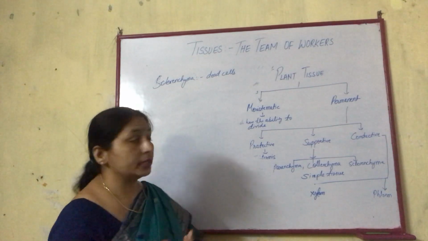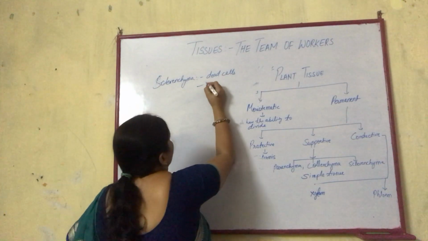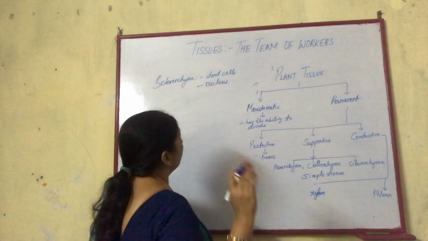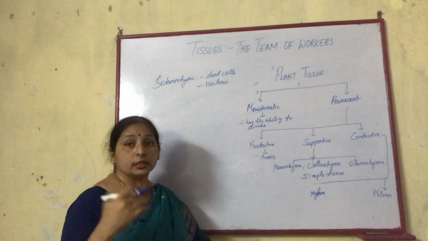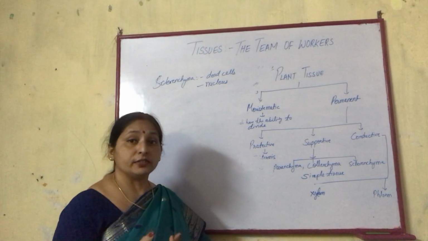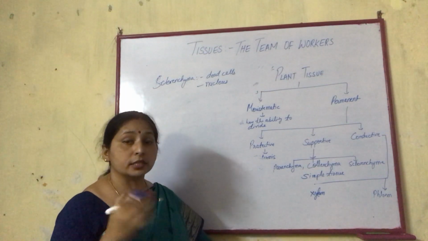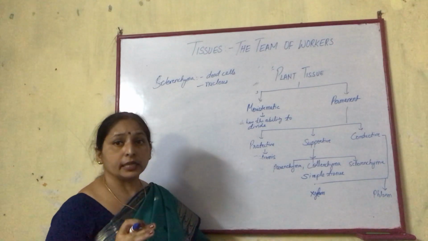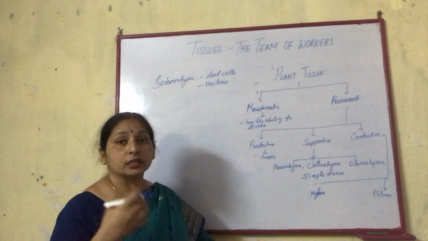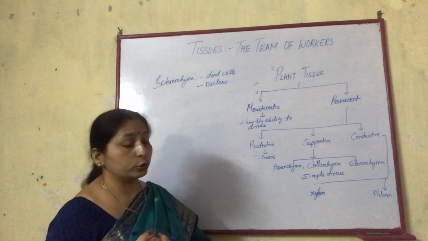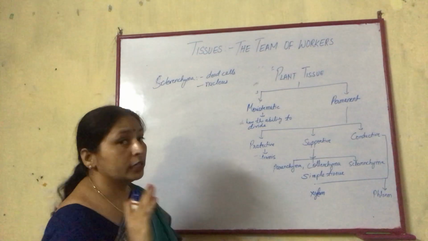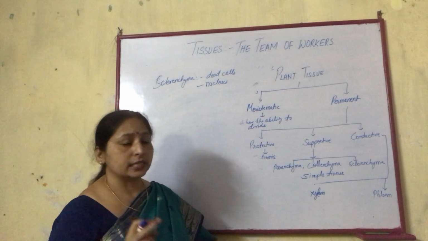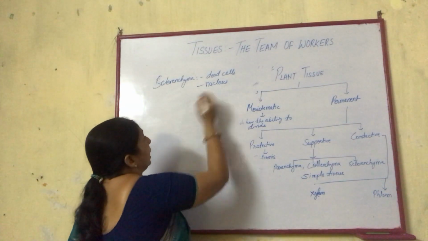There is no nuclear division and no control by the nucleus, but they play a supportive role, giving mechanical strength to the plant. Because the function of the nucleus is not there, they are considered dead cells.